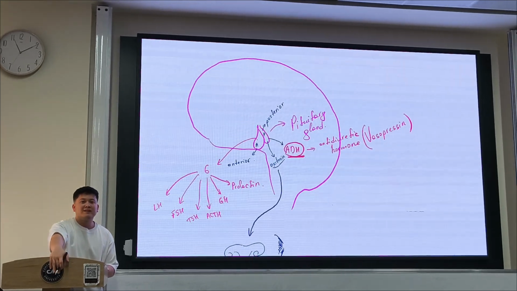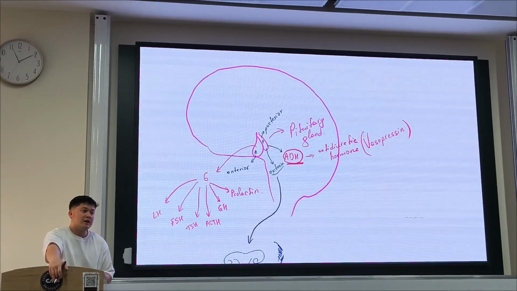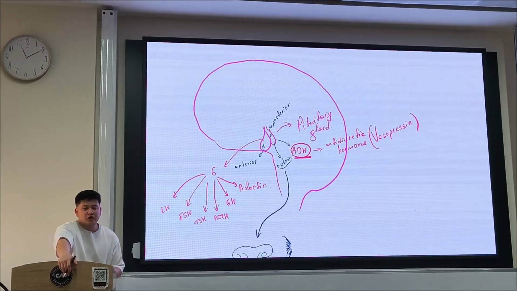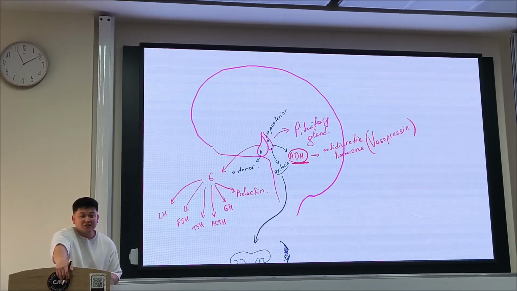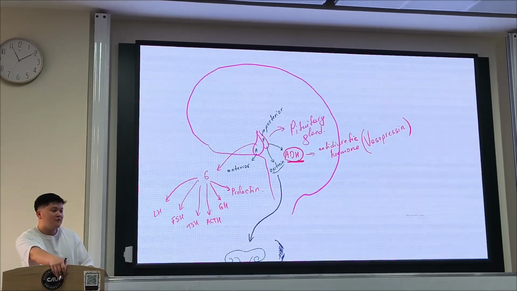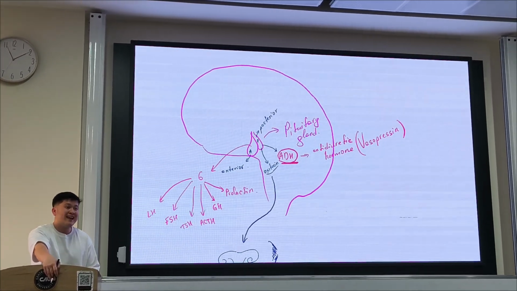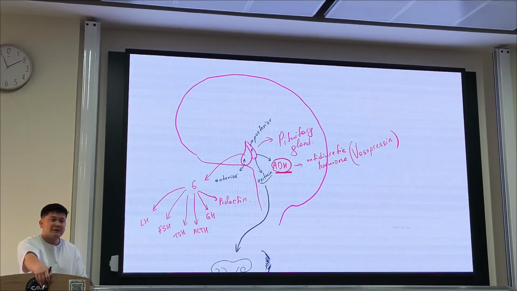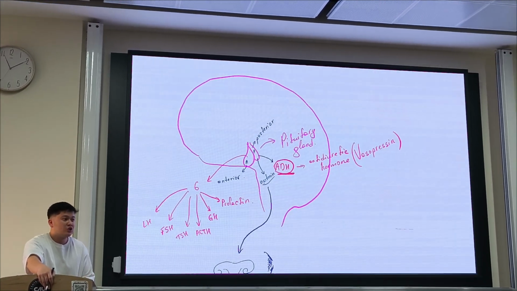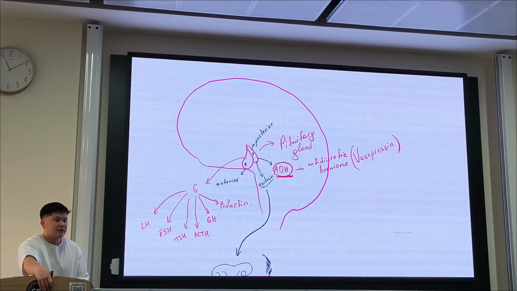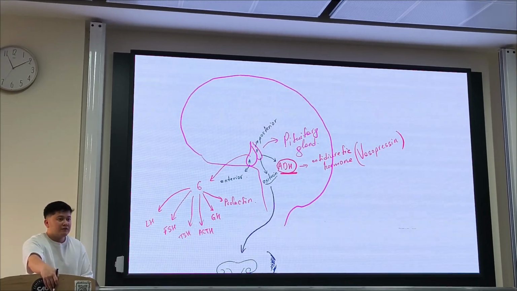For example, when you're running a marathon, 10 kilometers, 21 kilometers or 42 kilometers, it doesn't matter. When you're dehydrated, that means the ADH is secreted more. Why? To save water in your body.